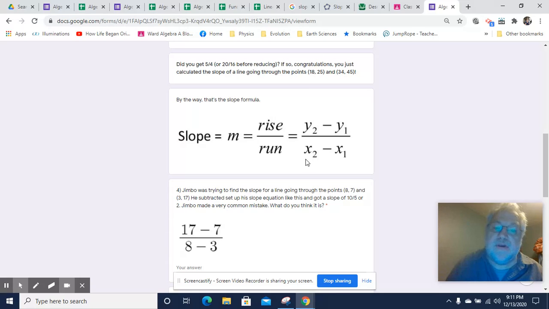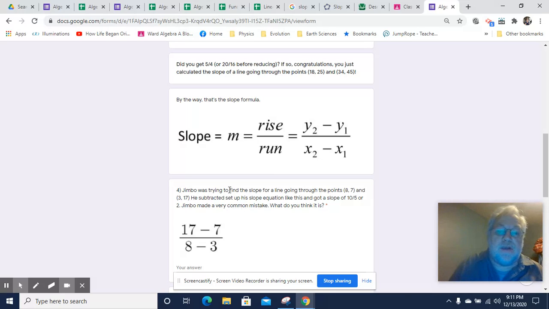Okay, so Jimbo is trying to figure out the slope for a line going through the points (8, 7) and (3, 17). He did some subtraction to set up his slope equation like this, and he got a slope of 10/5, or 2.